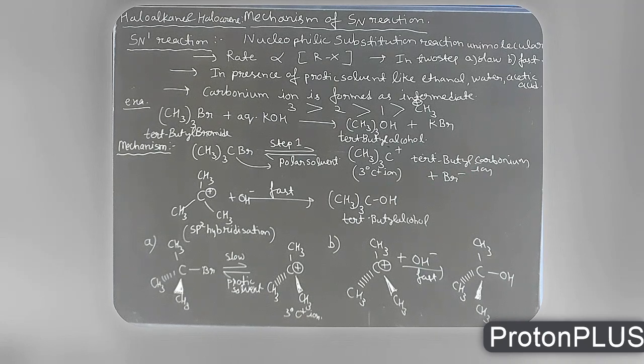This is a 3 degree carbonium ion, as the positive charge carrying carbon atom is directly bonded to 3 carbon atoms. This stable reaction intermediate further will be attacked by the nucleophile, and in the fast step the product formed is tertiary butyl alcohol.